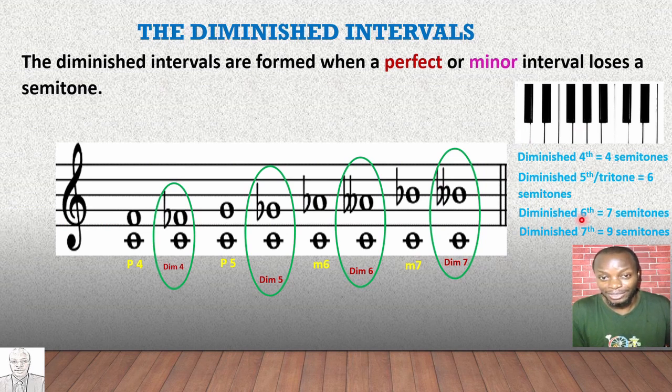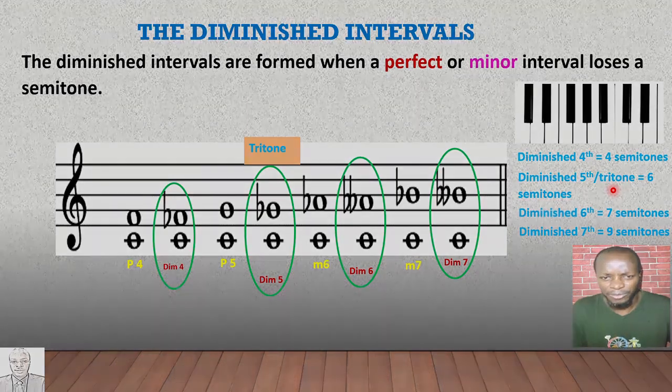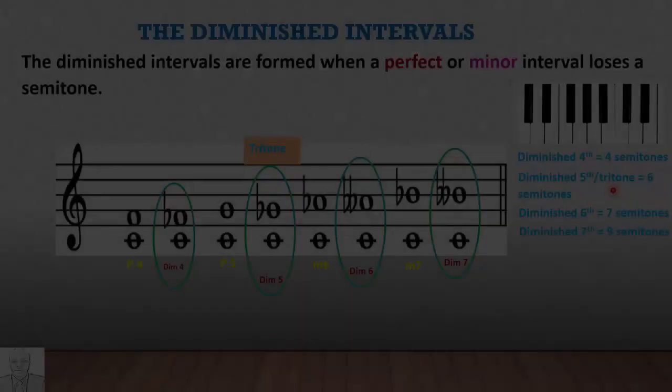In this context, it's not a perfect fifth, but a diminished sixth. And a diminished seventh has 9 semitones, and again, it's not a major sixth. In this context, it's a diminished seventh. And like I said the other time, the diminished fifth is a tritone because it has 6 semitones. That's 3 tones. Is that okay?